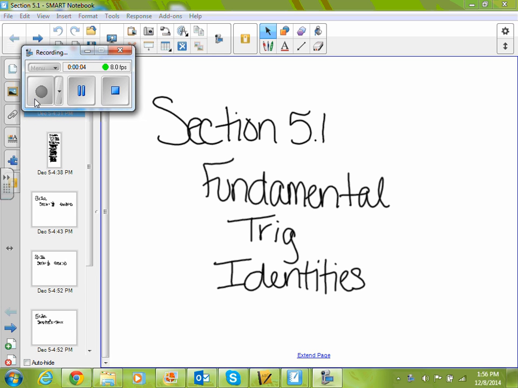Alright, so if we look at 5.1, we're going to look at our fundamental trig identities, and there's a lot of them.